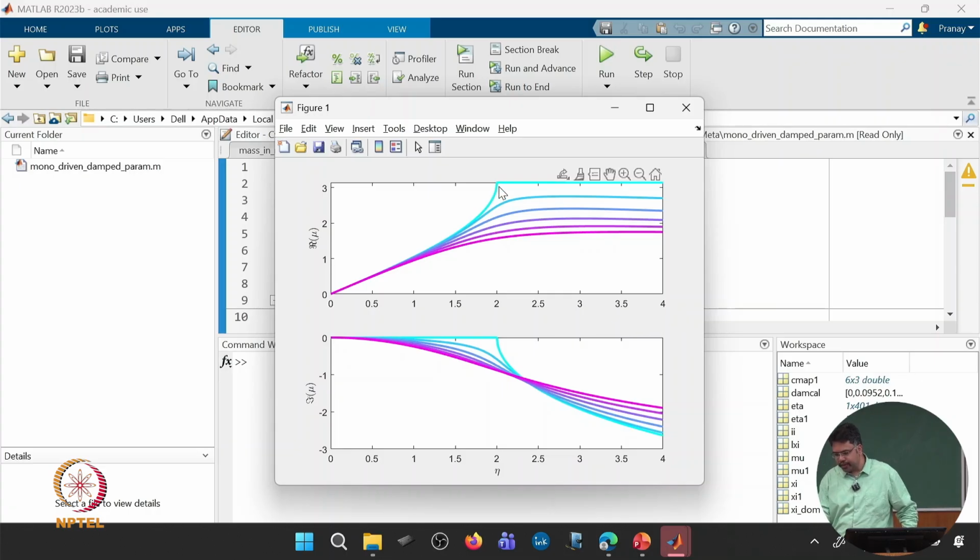You can see the real part with increasing damping: the sharpness, where at 2 you had complete attenuation, also gets reduced. Here you have a certain level of propagation, the wave is still propagating with the help of damping, but the level of attenuation also decays with a high level of damping for the higher frequencies. But for the lower frequencies, where the wave was completely going without attenuation, there your peak starts getting decayed.